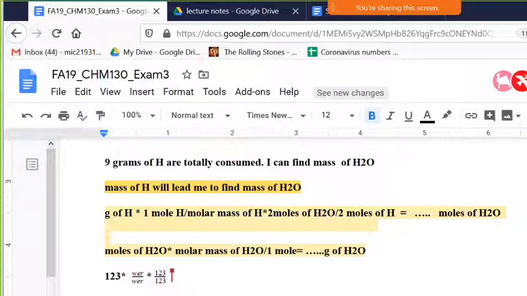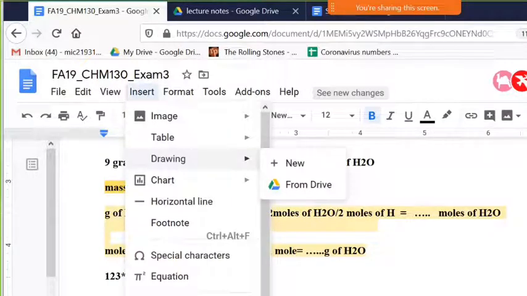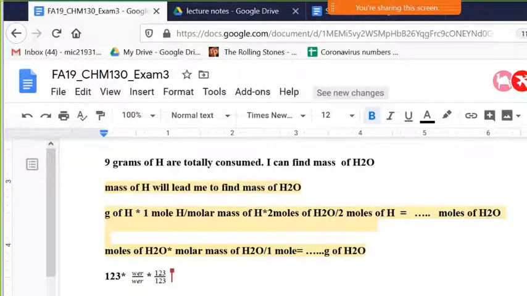For OChem, there is another way you can do it. If we go to insert drawing, you can do a new drawing, which I'm not going to do because it's going to break my whole system right now. And you could use the mouse and draw in your structures or draw in the calculation work. It's more effort than is necessary.